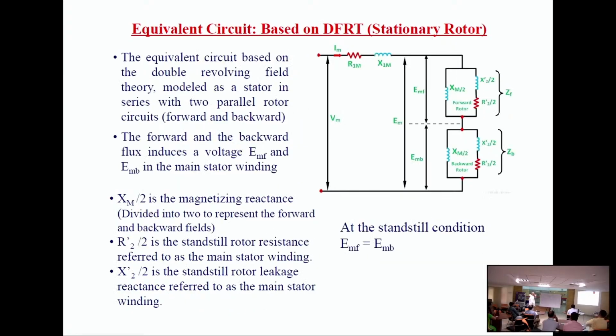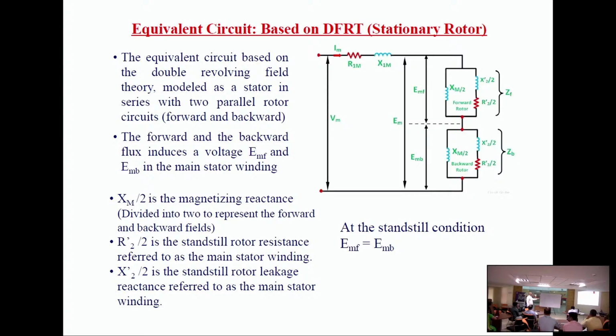According to the double field revolving theory, as if there are two fields, the equivalent circuit is modeled as a stator in series with two parallel rotors, as if one rotor is rotating in the forward direction and the other rotor is rotating in the backward direction.